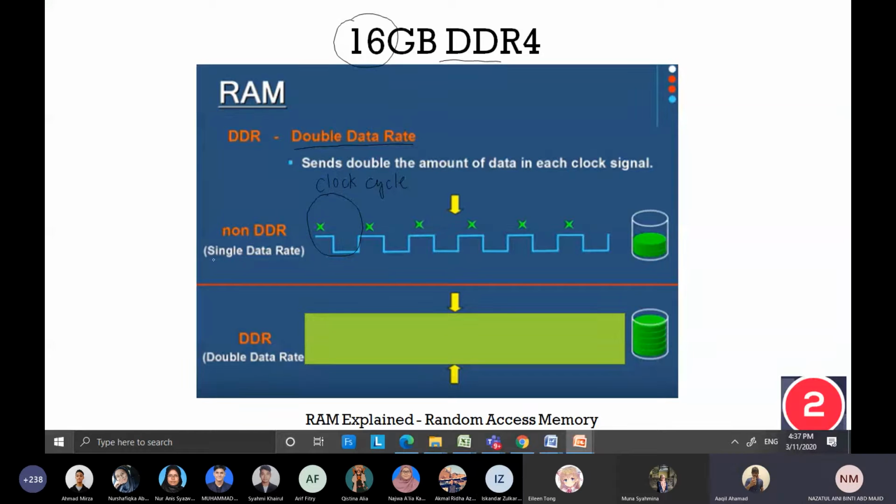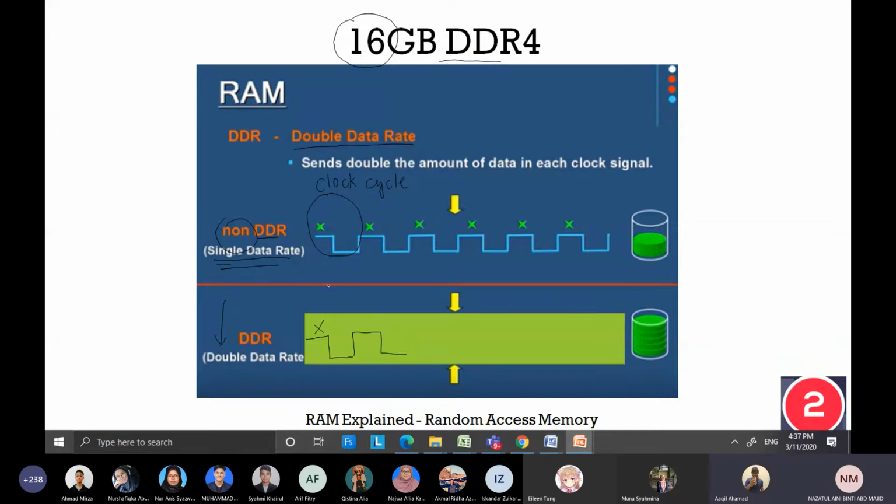So this is single data rate. Okay, this is non-DDR, only single. How about double? What happened in the double data rate? It means that it can sense double the amount of data in each clock signal. In one clock signal, at the moment it's single, only one.